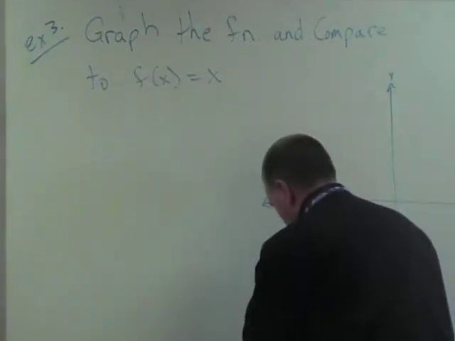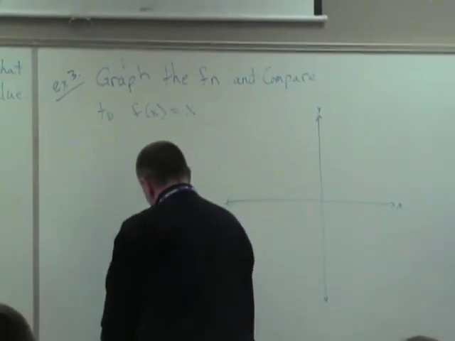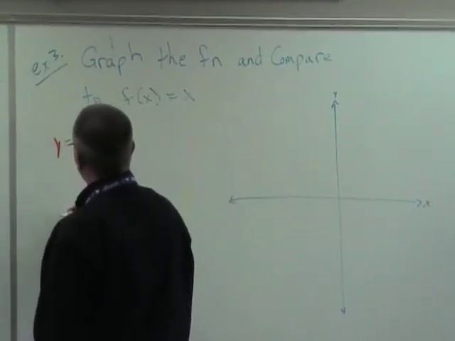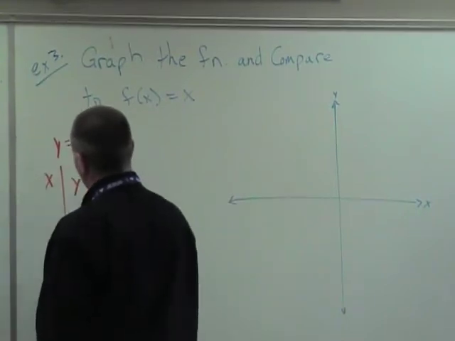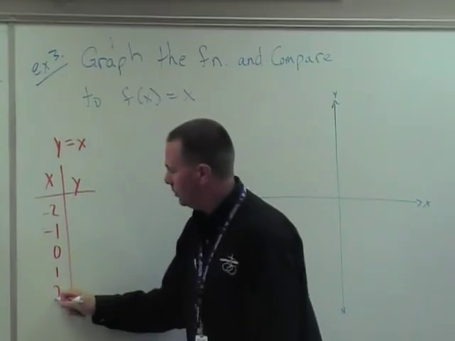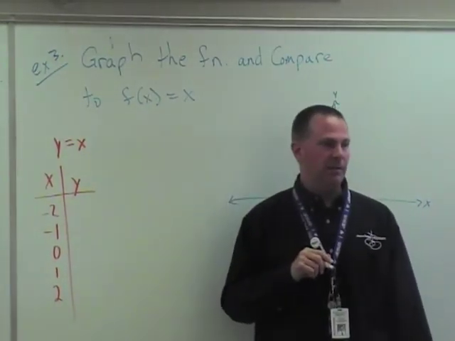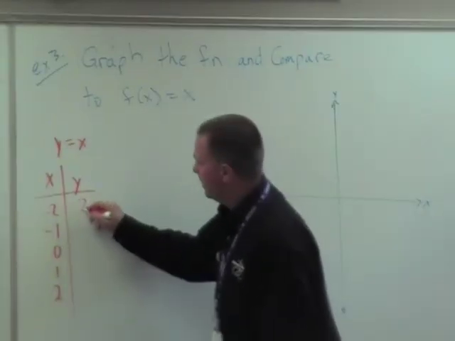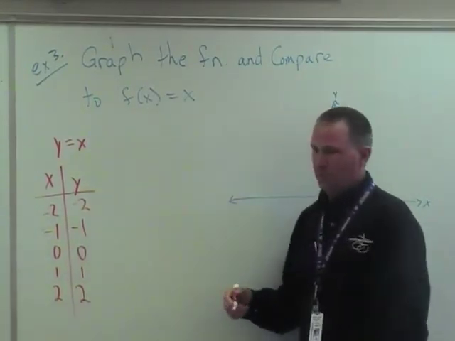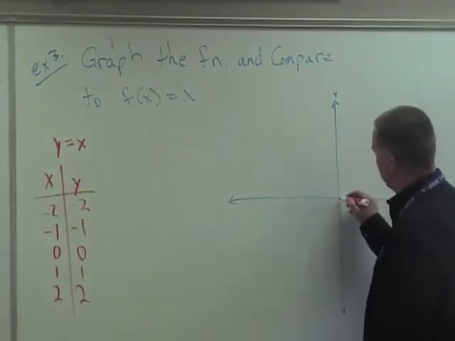Let's make sure we understand each other. Here's the generic equation: y equals x. So if we do an x-y chart with -2, -1, 0, 1, and 2, what do I get for y when y equals x? The exact same values, right? This is a special type of equation. We compare things to this general equation. When x is 0, y is 0.